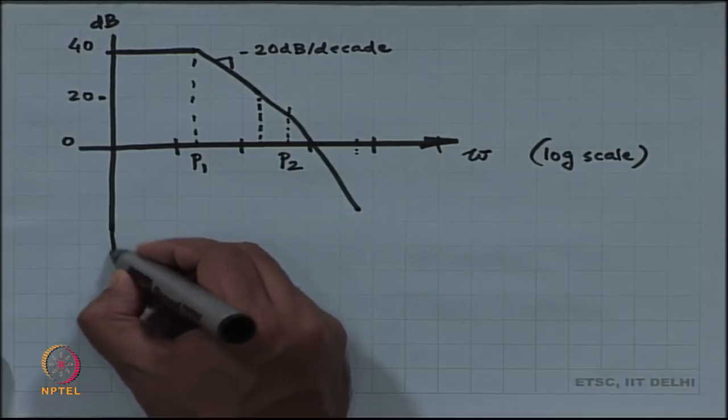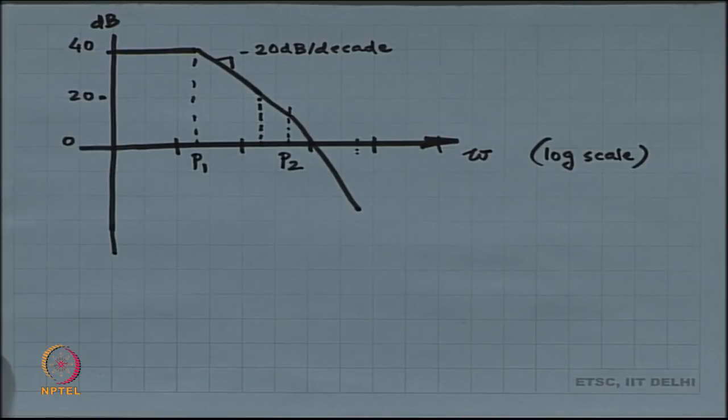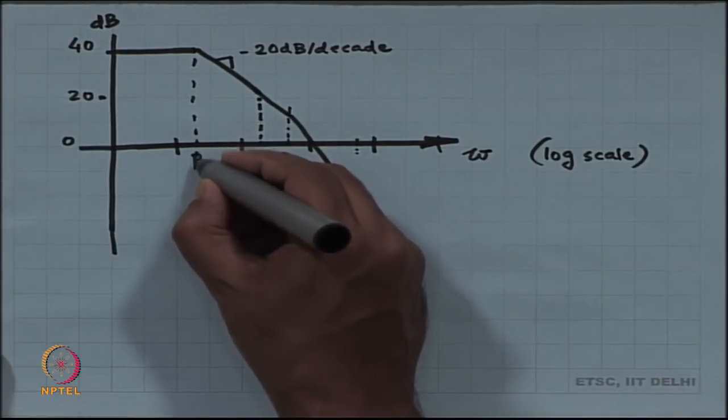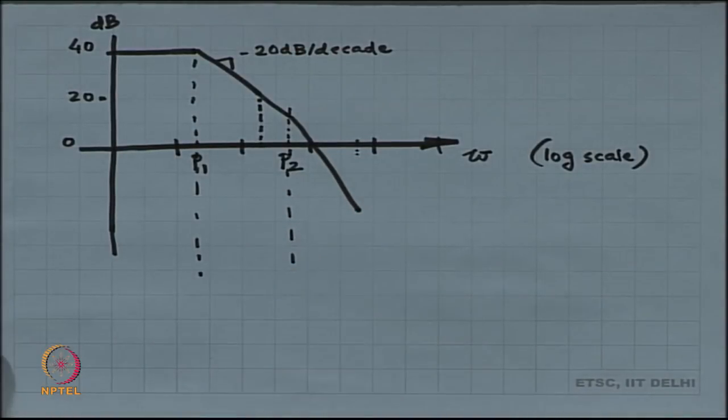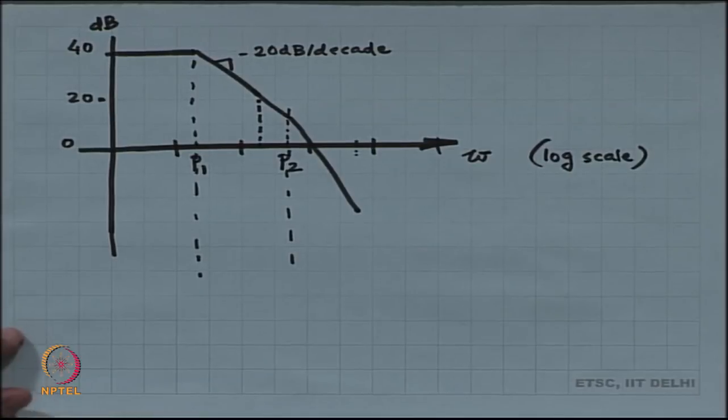And similarly, you are going to have a phase plot. For the phase plot, at the pole you are going to get minus 90 degrees. At every pole, you are going to get minus 90 degrees.